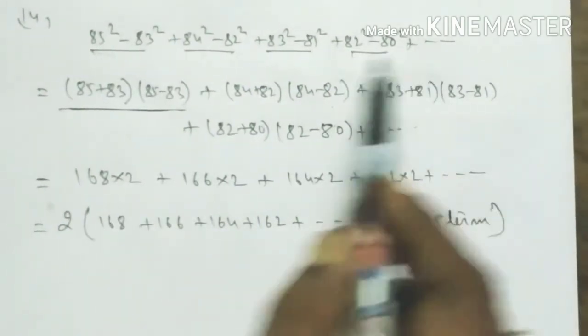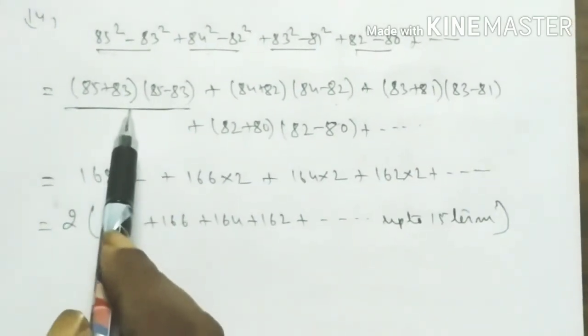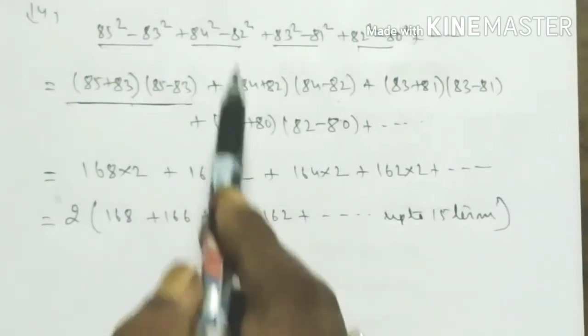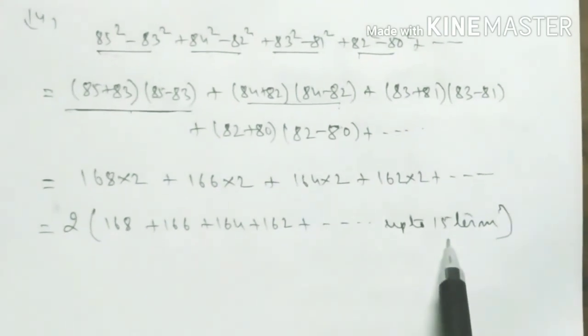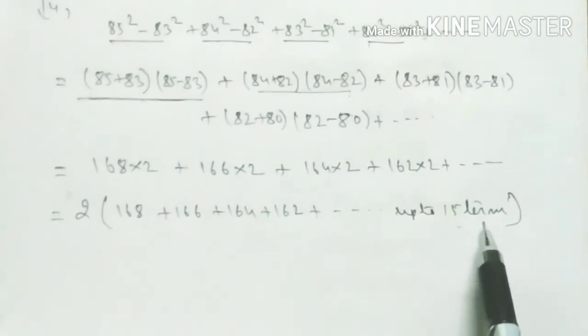Originally there were 30 terms. Since every 2 terms have been made into a single term, the total number of terms will be half, that is 15 terms.